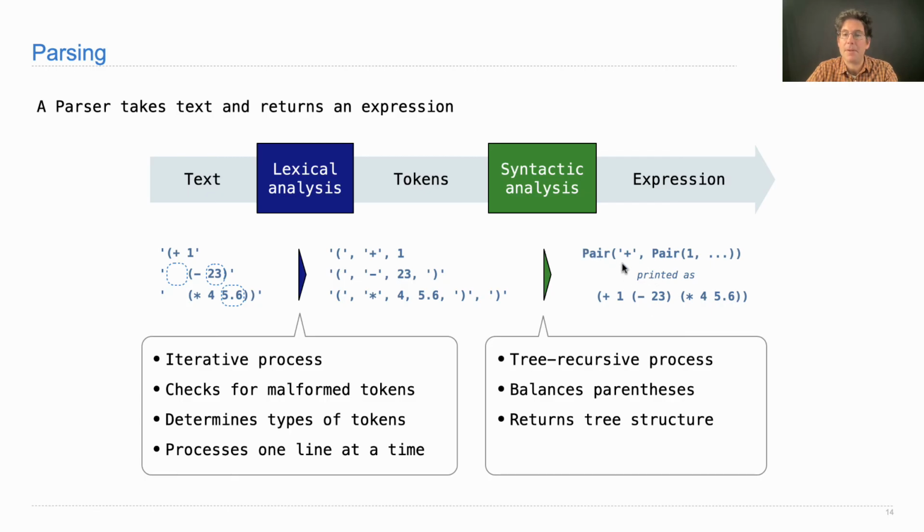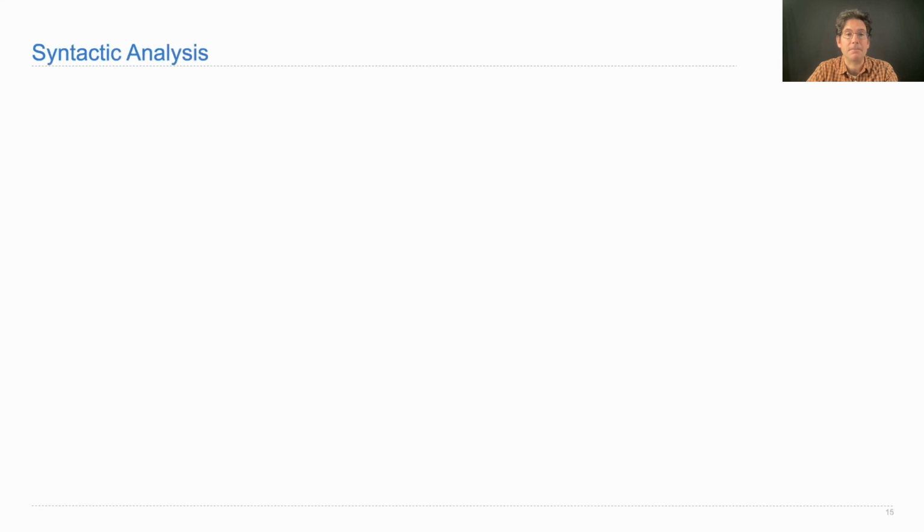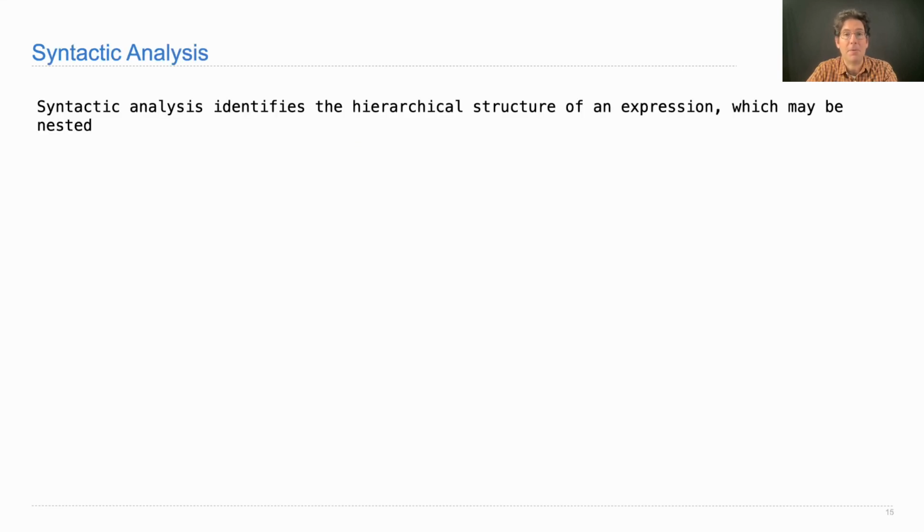But since pairs represent lists that contain other lists, you can think of it as a kind of tree. And it does process multiple lines by combining things together until it finds a closing parenthesis that matches the opening parenthesis.